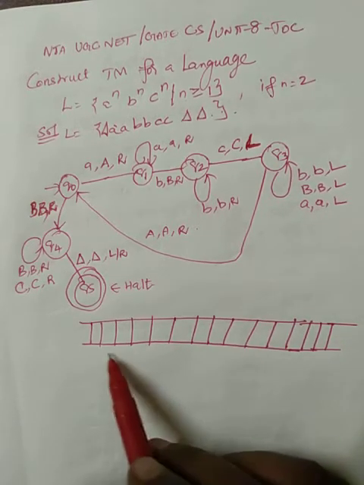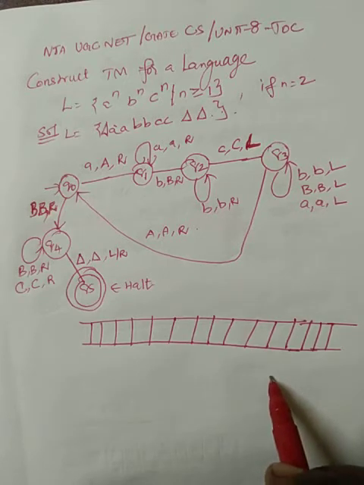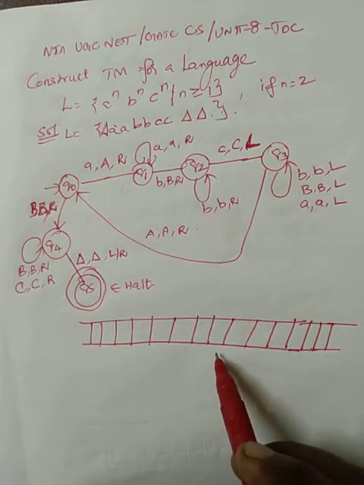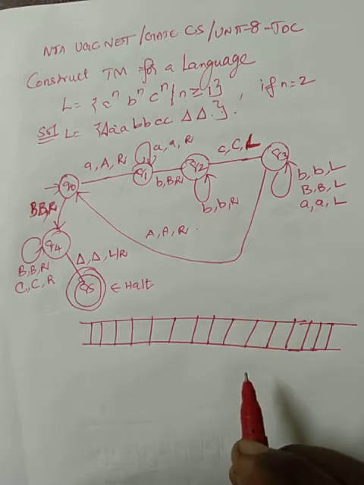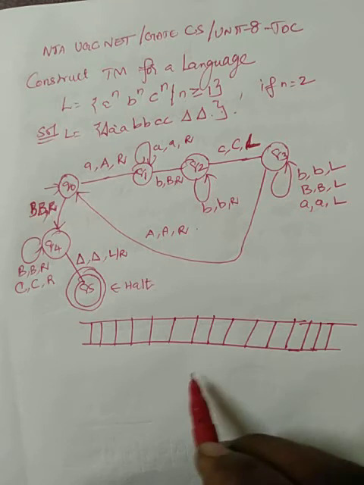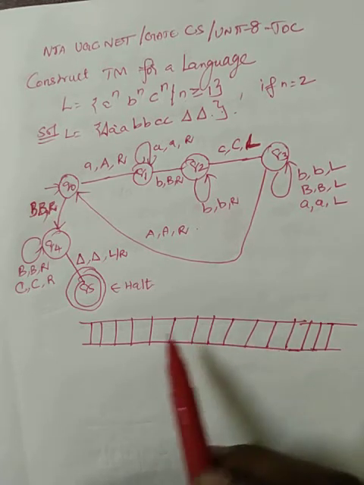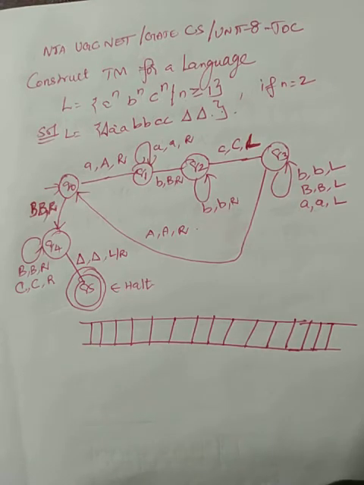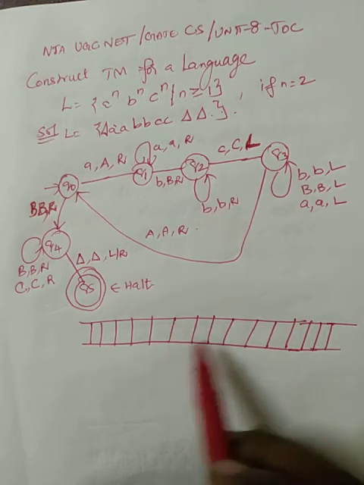A Turing machine has an infinite tape, maybe multi-tape, multi-track tape, or single track tape, and to solve this problem we need only a single track tape. The beauty of this Turing machine is that the tape extends in both the left and right directions, and we want to move from left to right.